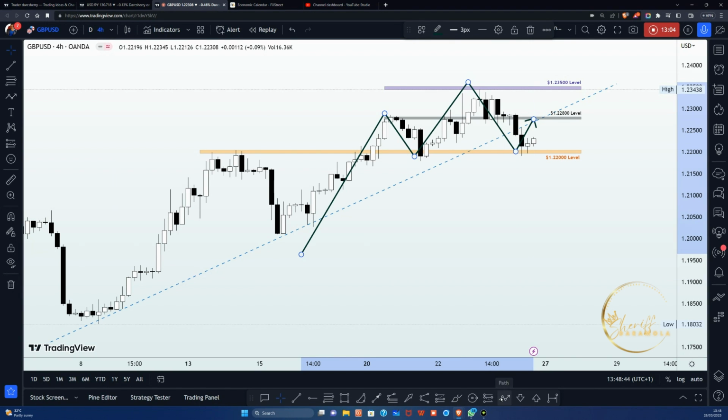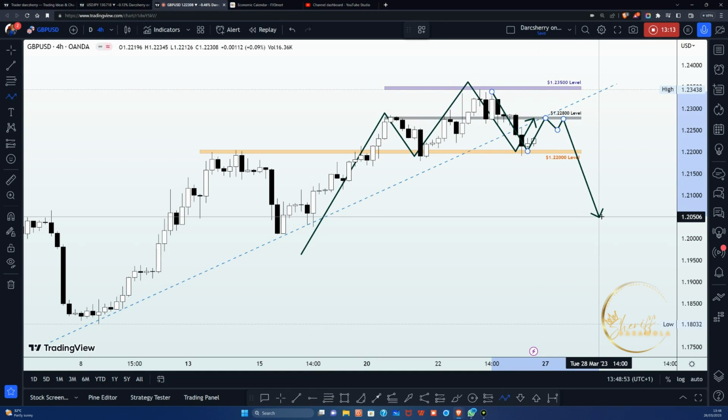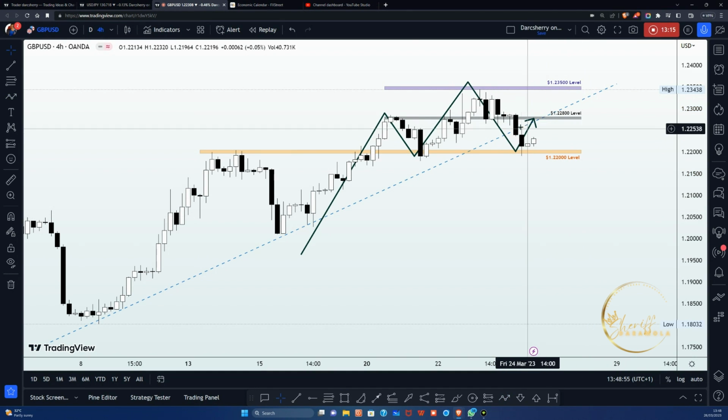Obviously, we know that whenever price action breaks down a key structure like this, we might likely see a retest of structure in anticipation of another wave of bearish momentum to the downside. So, because of these expectations here, we might likely see a retest of both the trend line and the 1.22800 level to trigger a sell position.